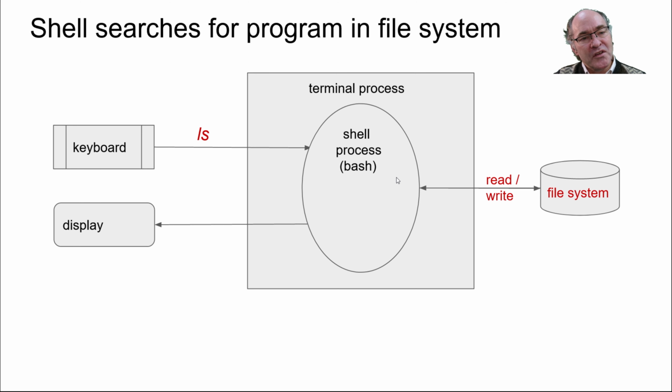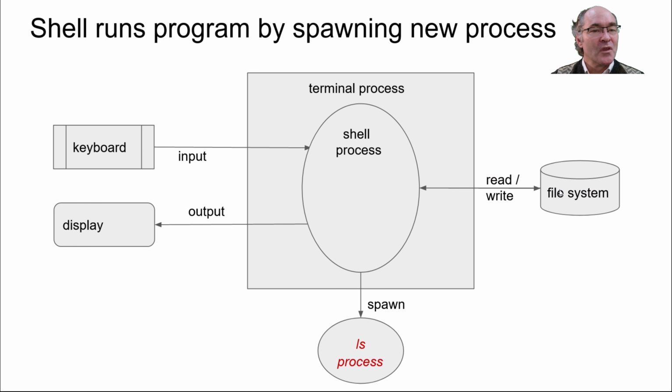The shell process then goes to your file system and looks for a file called ls. And that file is the file that contains the program that you run to get a list of files in your file system. Okay?